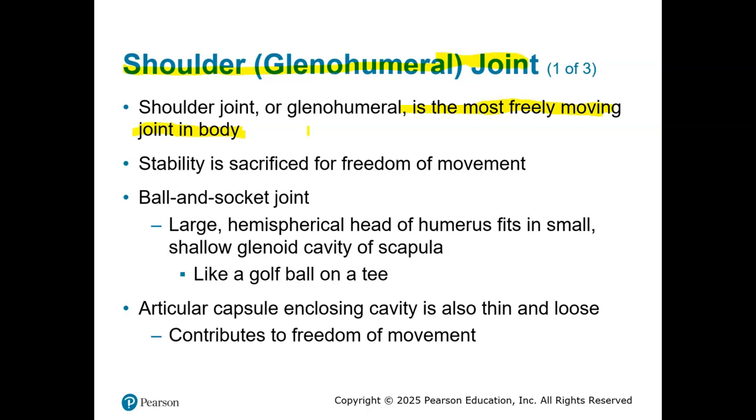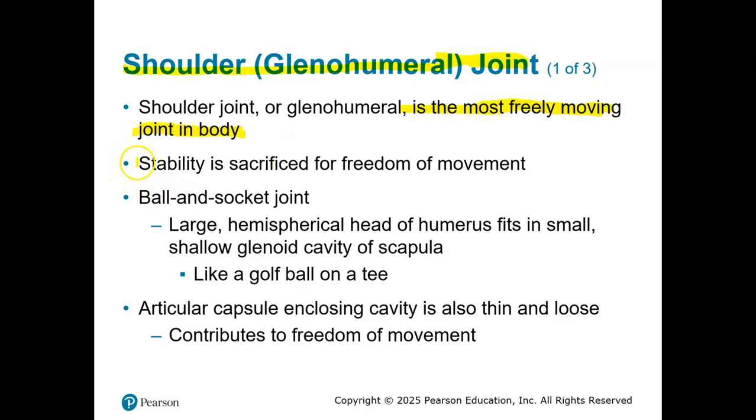You can do circumduction, drawing a very large circle with your arm, where you're using your shoulder joint. You can do abduction, adduction, flexion, extension, hyperextension, basically all the movements that we learned.